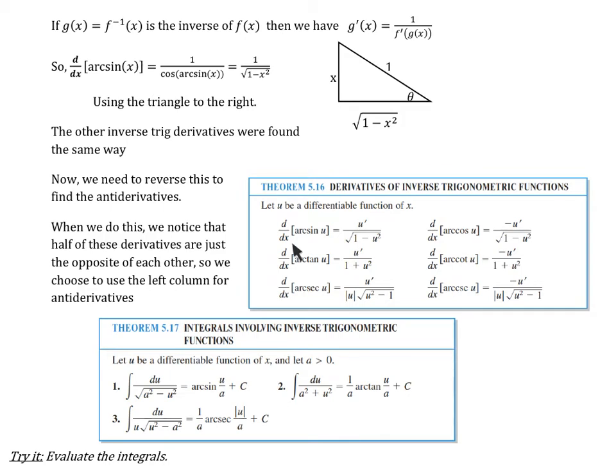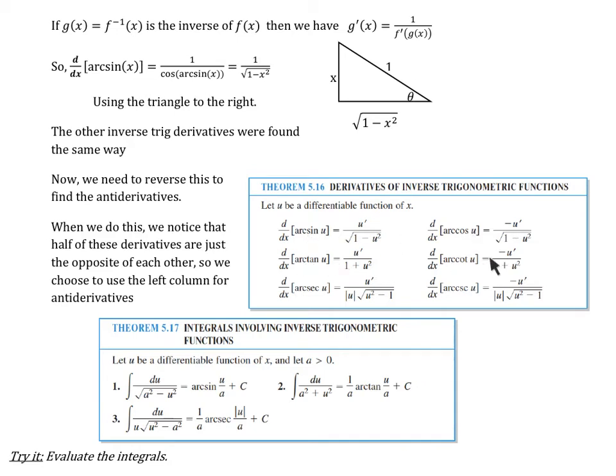So we've learned that all these derivatives: arcsine is u prime over the square root of 1 minus u squared, or more specifically 1 over the square root of 1 minus x squared is the simple version. Arccosine would be negative u prime over the square root of 1 minus u squared. Very important to remember those.